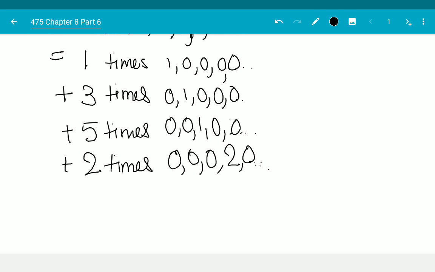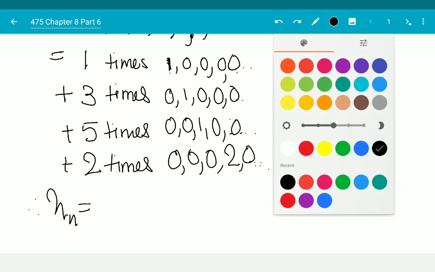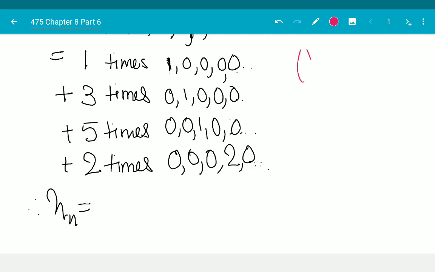And I know that the only sequence from my previous result that has diagonal sequence 1, 0, 0, 0 is h of n equal to n choose 0. This is the diagonal sequence of n choose 0.